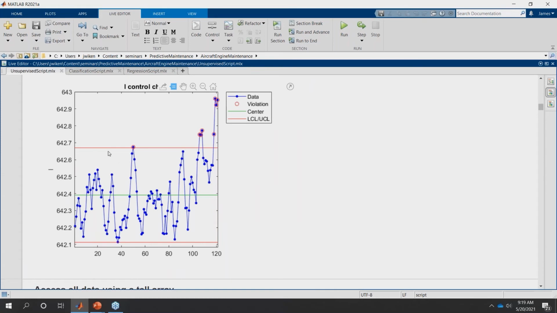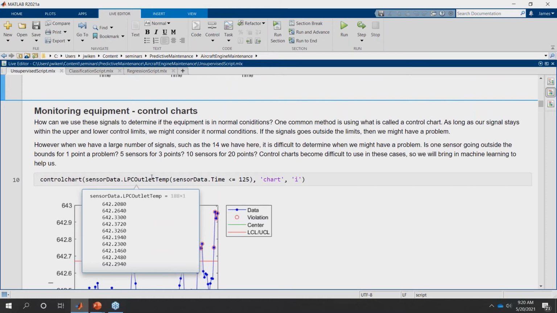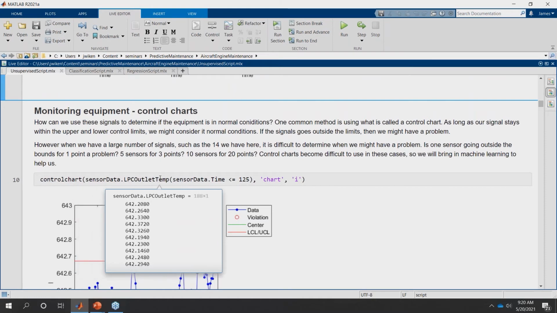It involves you setting that threshold manually as part of this process. You could use some statistics to determine what that might be. But the other thing is that right now, this control chart is limited to looking at just one of our sensors. This particular one is the low pressure compressor outlet temperature.